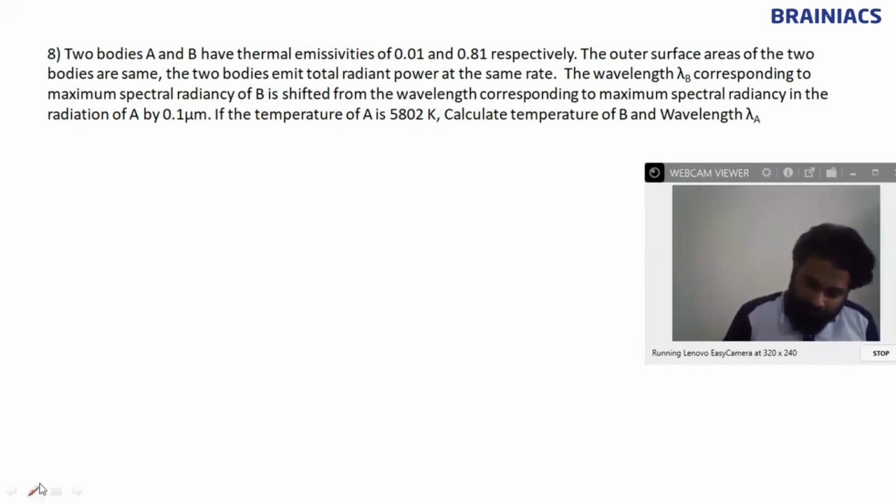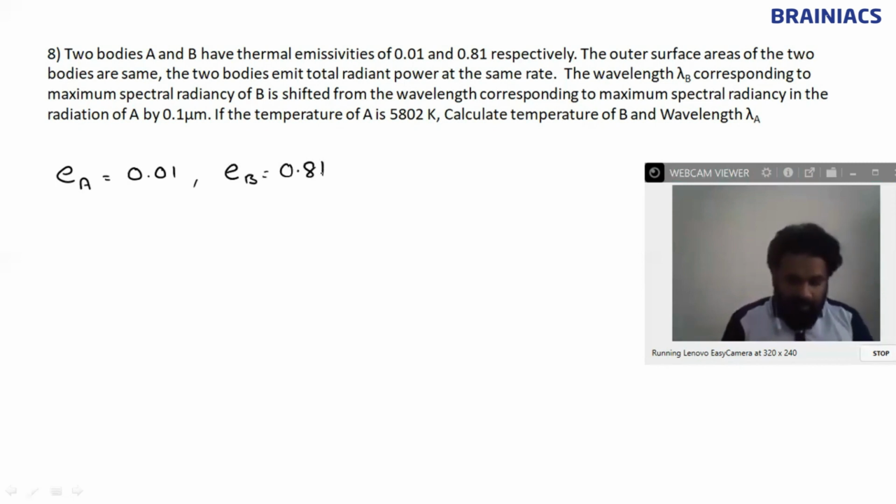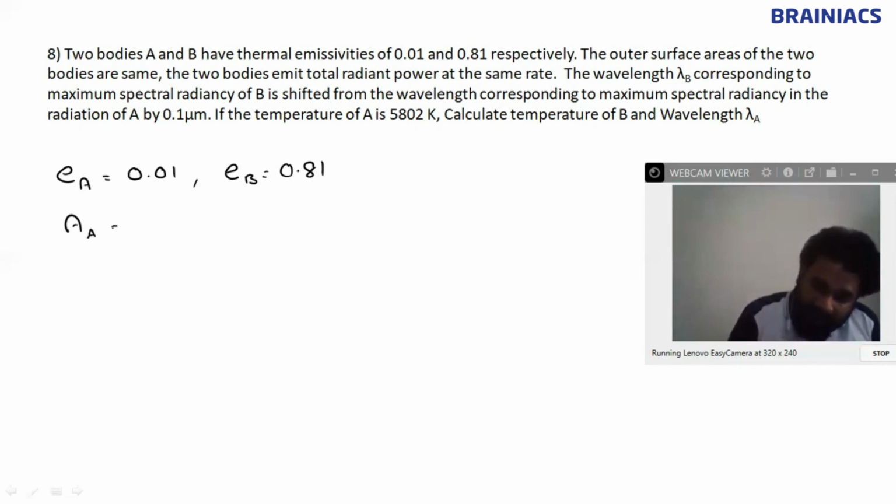So let us write the emissivities and data. So the emissivity of body A is 0.01. Emissivity of body B is 0.81. These are given. Now, area of A is equal to area of B. That is also no worries.